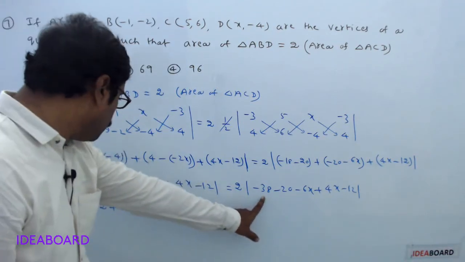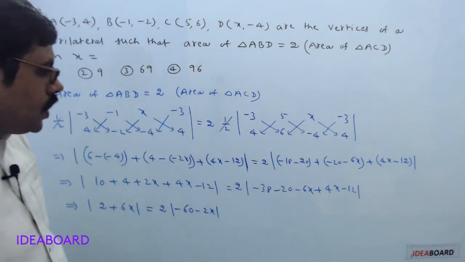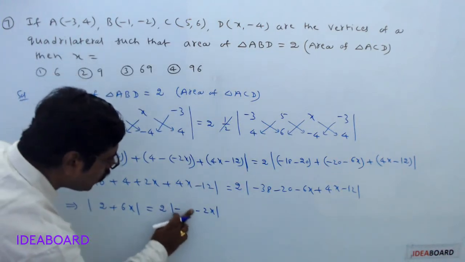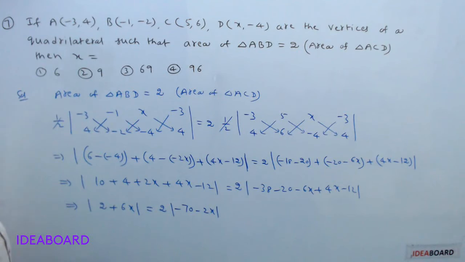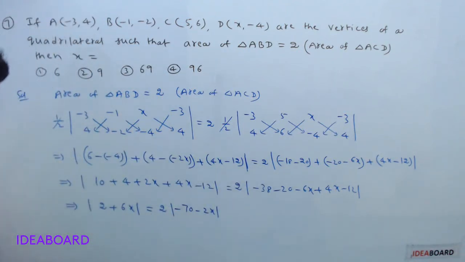So minus 38 minus 12, that is minus 50. Sorry, it is minus 50 minus 20, it is minus 70. Okay, minus 70 minus 6x plus 4x minus 2x.